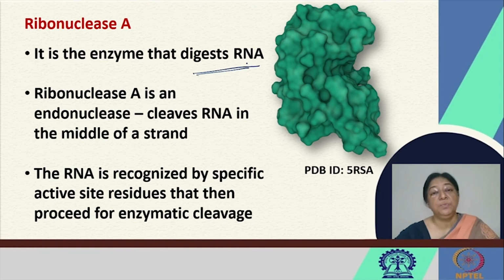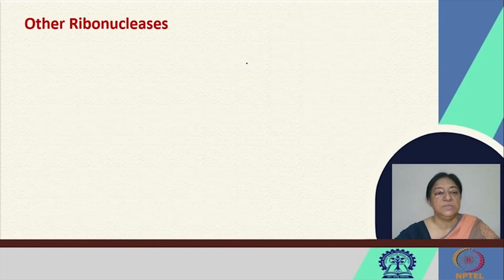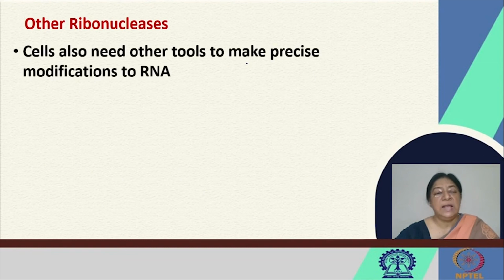That synthesis is brought about by the RNA polymerase and the destruction by the RNA depolymerase known as ribonuclease. There are other ribonucleases, and each of these has, as we can see, a regulatory role to play. And these cells also need other tools to make precise modifications to RNA that are possible with these ribonucleases.